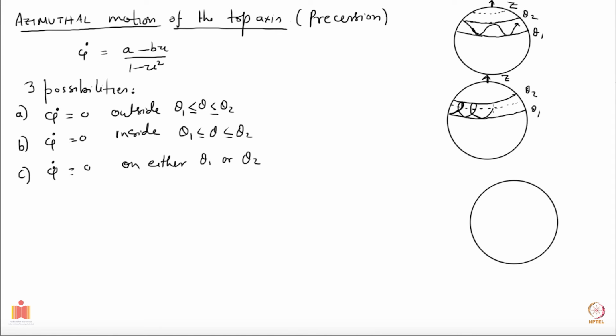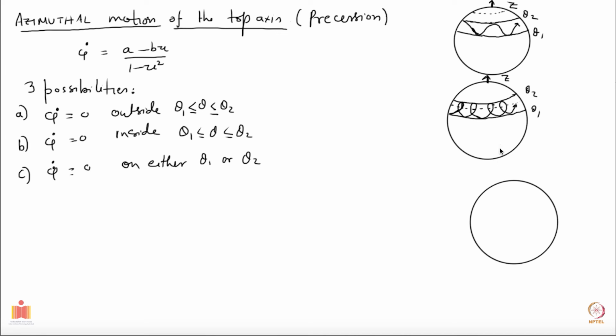The slope becomes 0 at this point, then the direction of phi becomes opposite, and then it goes again like this. So that's the way the axis of the top is going to move.